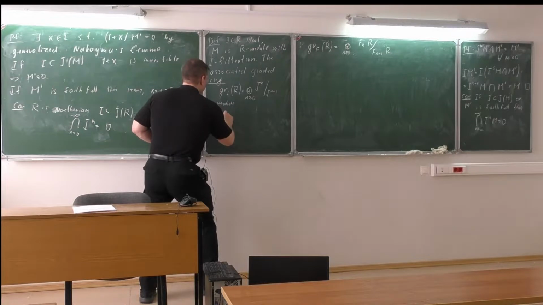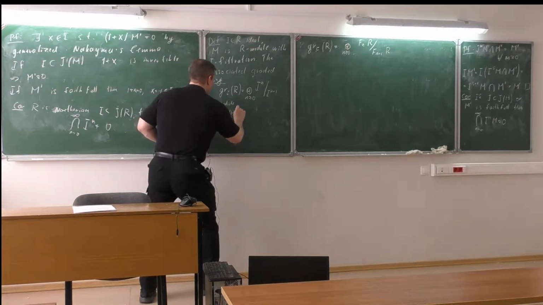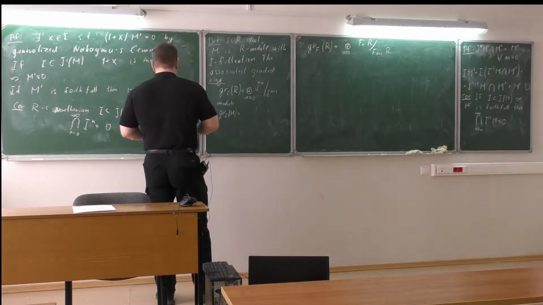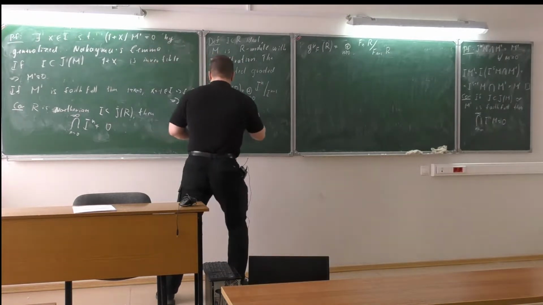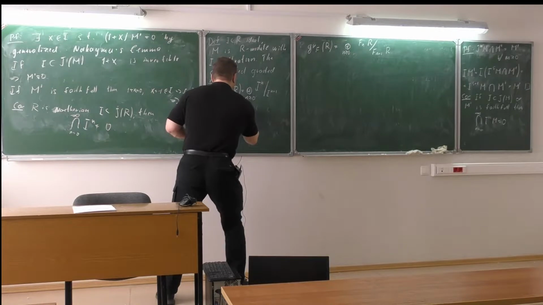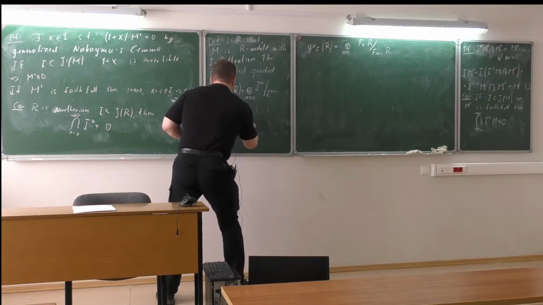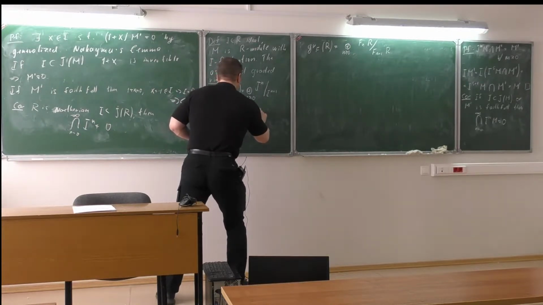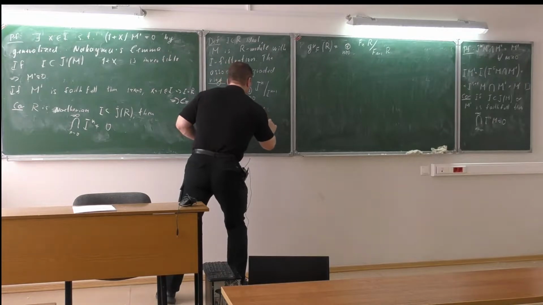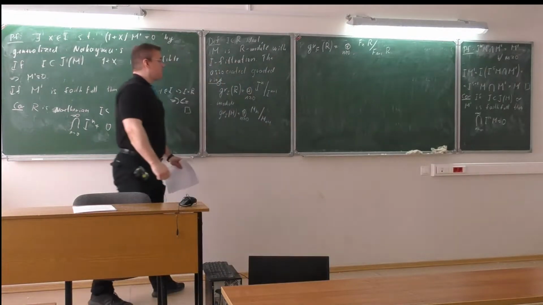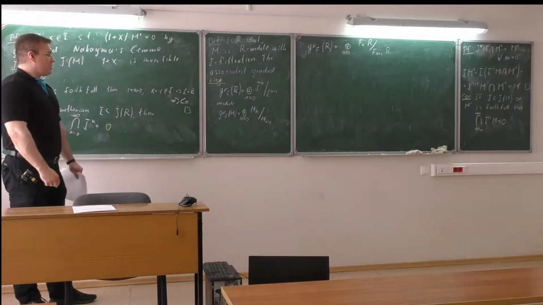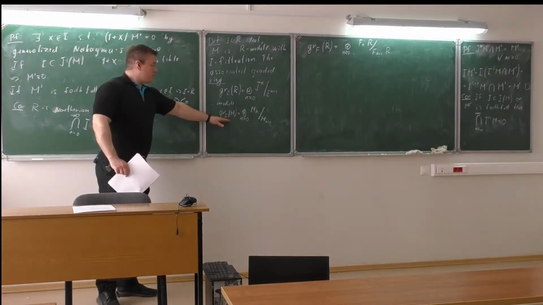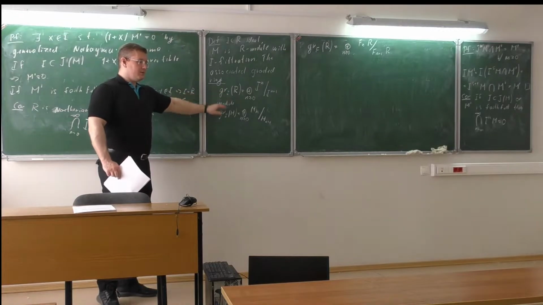So gr_I of M. We assume that on M we have an I filtration. So this will be the direct sum over n greater or equal than 0 of M_n modulo M_(n+1). And it's an easy exercise to check that this is a graded module over this graded ring.